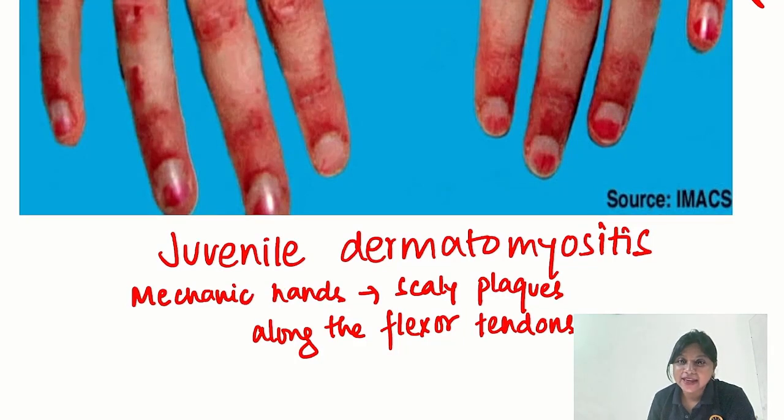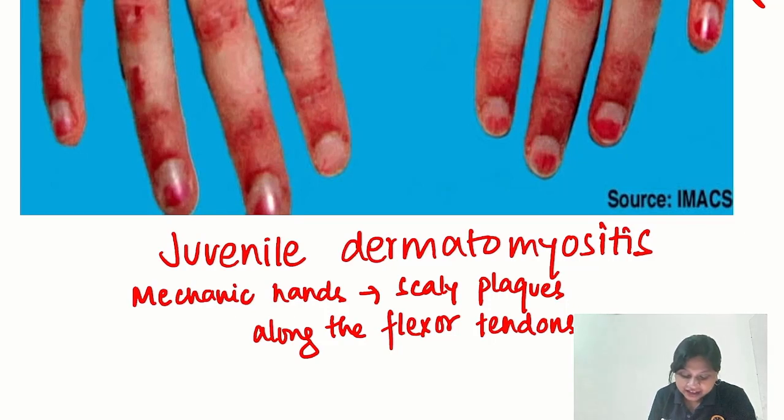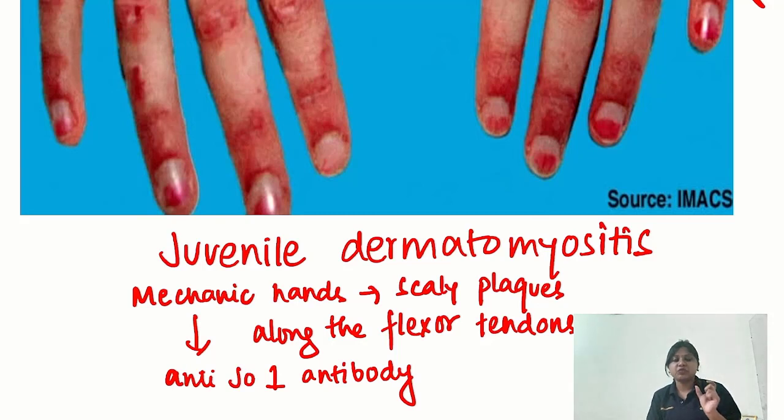And remember, mechanic hands is associated with anti-Jo1 antibody. This came in FMGE: anti-Jo1 antibody is associated with... the answer will be juvenile idiopathic arthritis? No, the answer will be juvenile dermatomyositis. Very, very important. So anti-Jo1 antibody means JDM, juvenile dermatomyositis, and if you are asked more specifically, the answer will be mechanic hands, right?